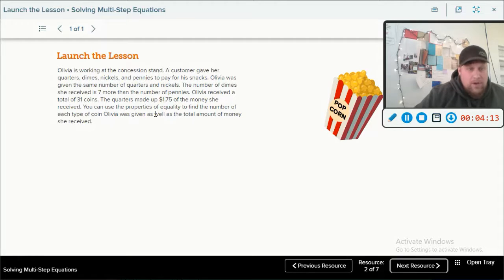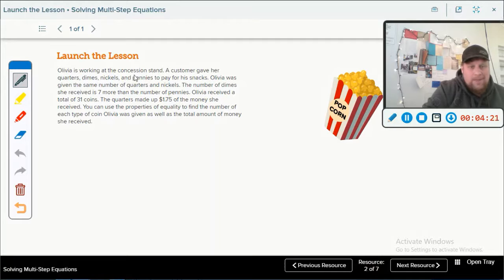So check this out. This is actually not that bad. It's just got a lot of information. The customer gave her quarters, dimes, pennies, and nickels to pay for a snack. Olivia was given the same number of quarters and nickels. So I know that quarters equals nickels. Okay? Dimes she received, so dimes is equal to 7 more than the number of pennies.